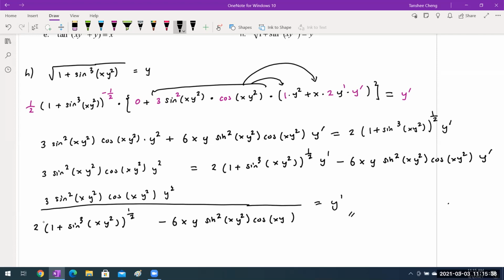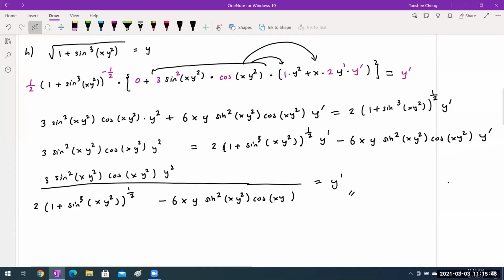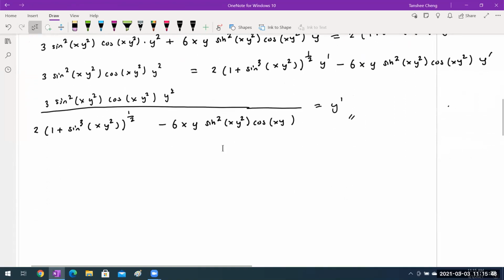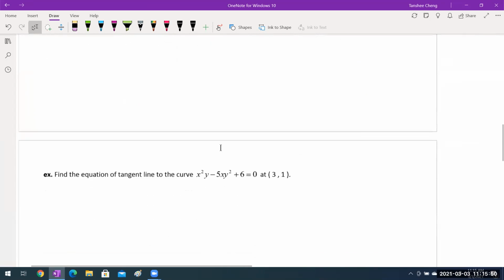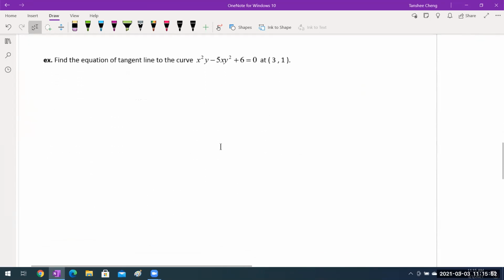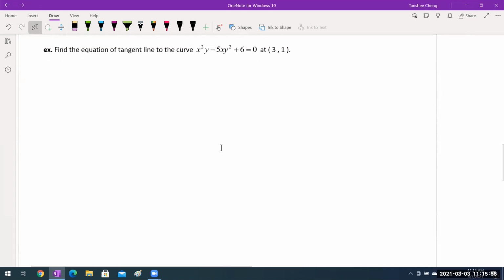So now that we know how to take derivatives implicitly, we can continue on to many problems. One of the problems that we want to look at is the old one, finding the equation of the tangent line.